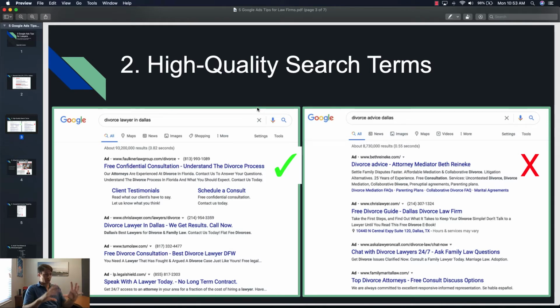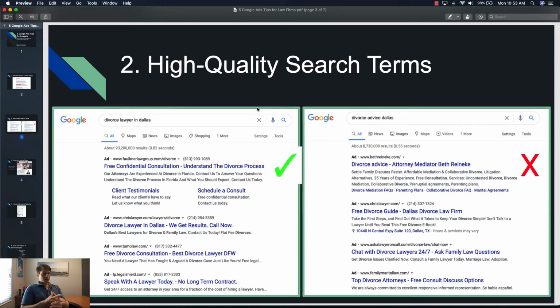So this would be a great example of a relevant search, high quality search term, and also good ad relevance as well. And what I mean by high quality search term here is there's no question about what this person's looking for when they say divorce lawyer in Dallas. They're looking for a divorce lawyer in the city of Dallas, and based on the search, they're looking for one pretty soon.